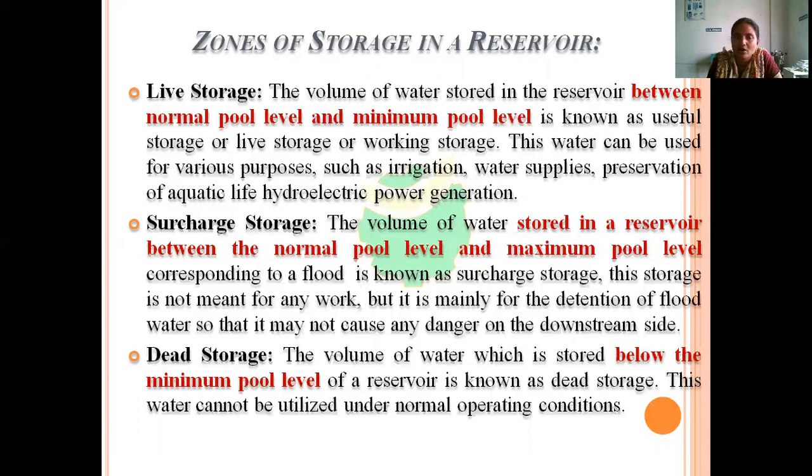This storage is not meant for any work, but it is mainly for the detention of flood water so that it may not cause any danger on the downstream side. So this water will not be utilized for any purposes. Automatically, when surcharge water comes, it will be sent to the downstream. That is excess water.